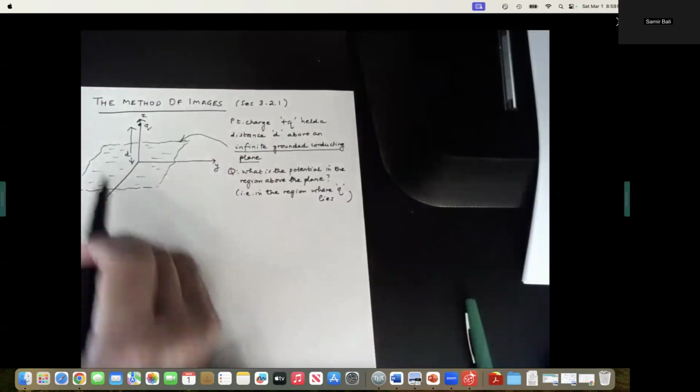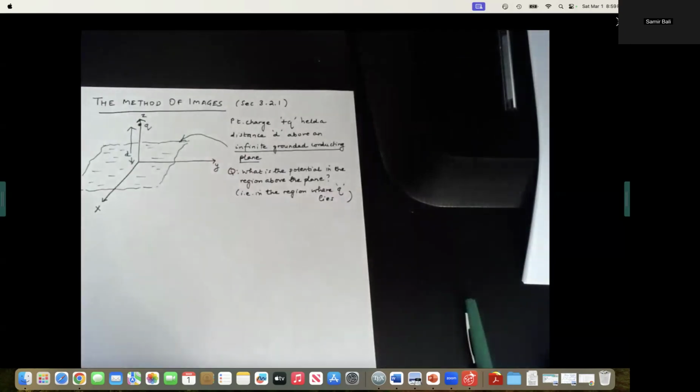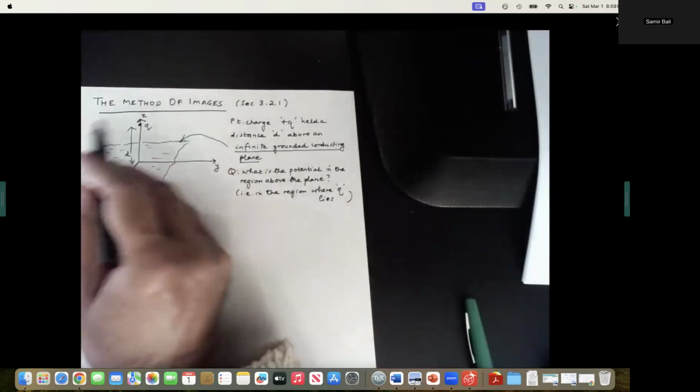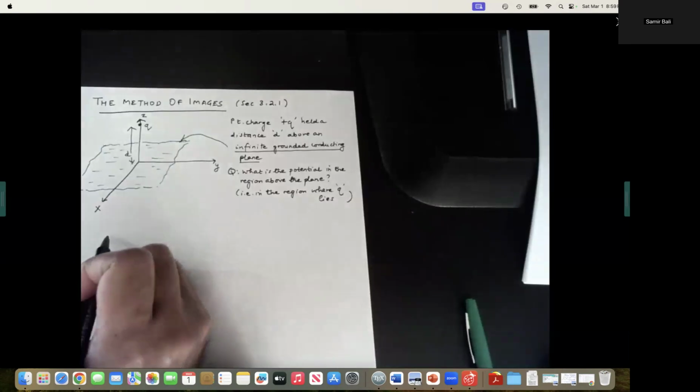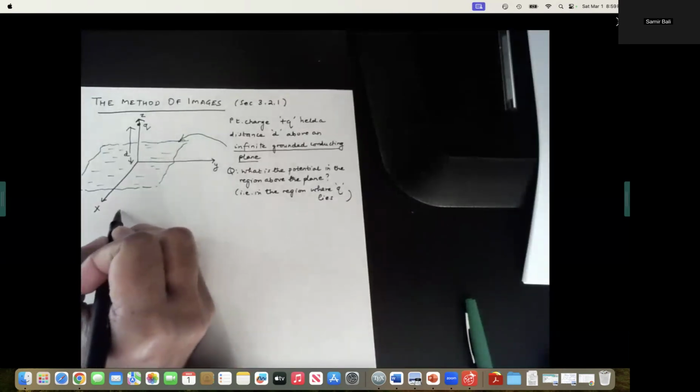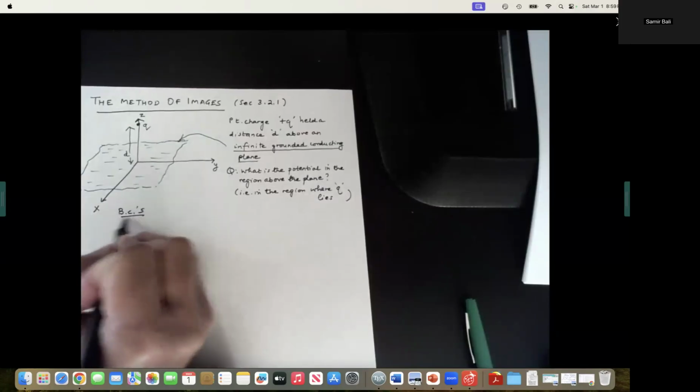So what I'll do is first, remember I said that the potential in this region should satisfy the boundary conditions. So let me write down the boundary conditions first. Okay, so the all important boundary conditions.